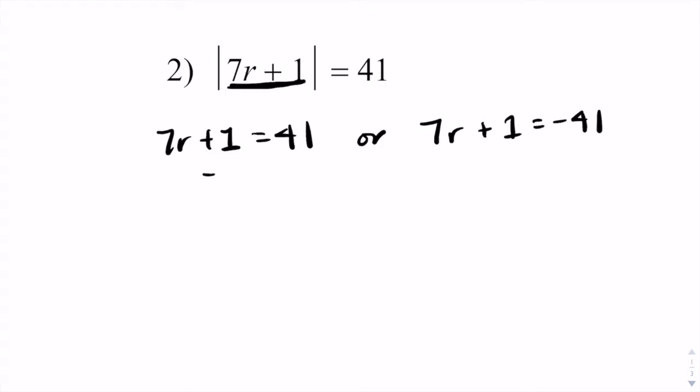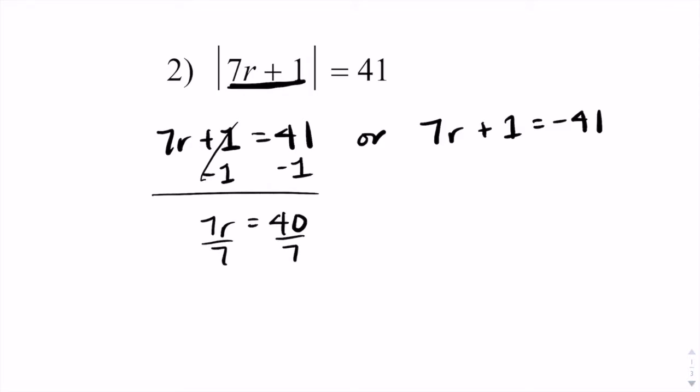So we'll subtract 1. The inverse operation indicates that we have to subtract 1 from both sides, and 7r is going to equal 40. Dividing both sides by 7, r is equal to 40 divided by 7. This cannot be reduced, so this is one possible solution for r.